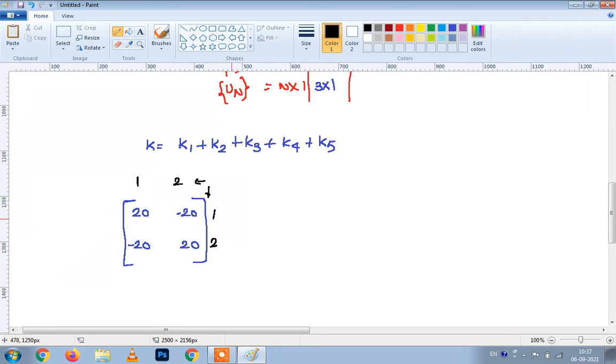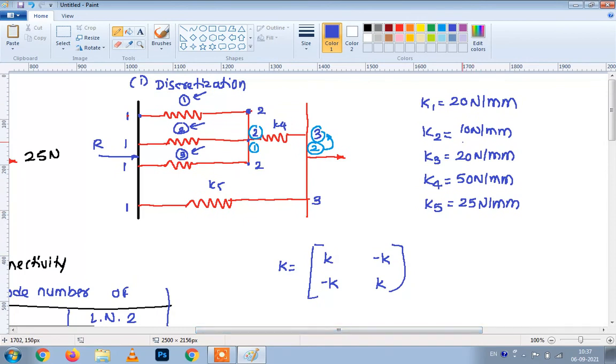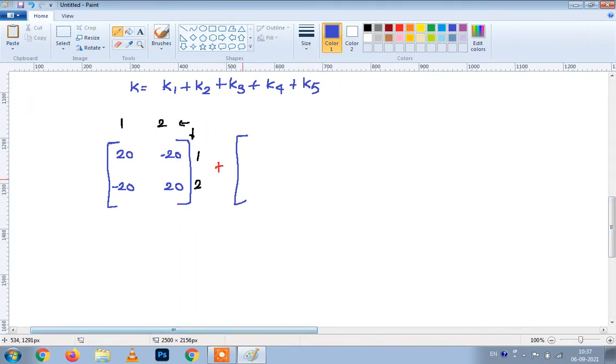Now, we will move forward to K2. Here will be a plus sign as we are going to do the addition. For K2, the value is 10 Newton per mm. Considering this value, 10, minus 10, minus 10, 10.